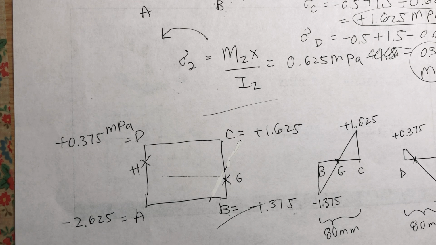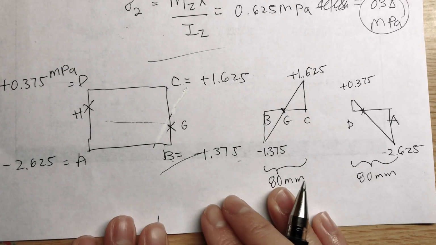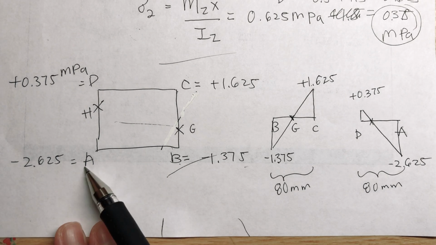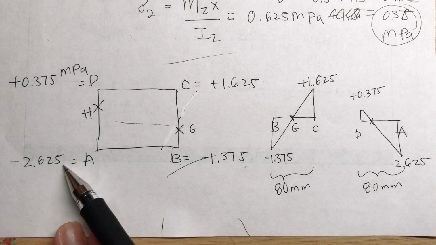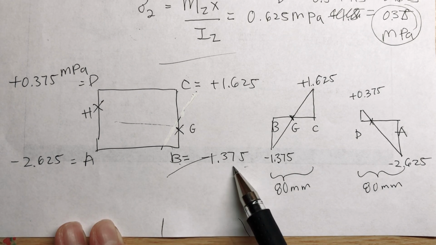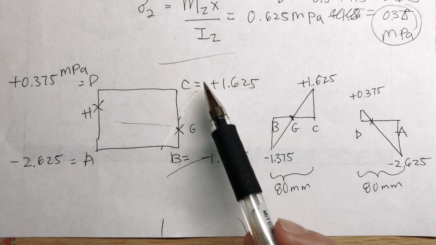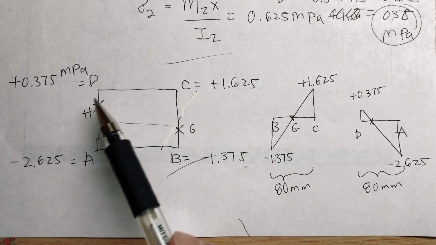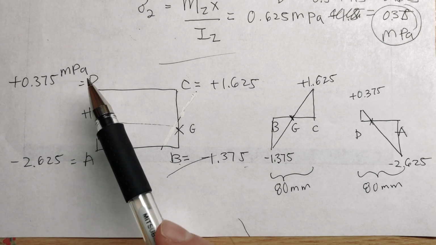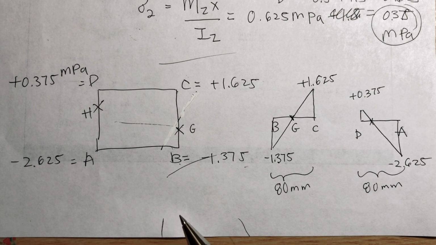That's a 3D picture of the stress distribution for that cross section. Okay, so at A it's negative 2.625 megapascals, B it's negative 1.375, C it's positive 1.625, D it's positive 0.375 megapascals. When is stress 0?